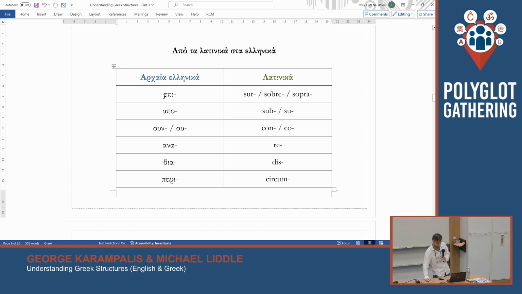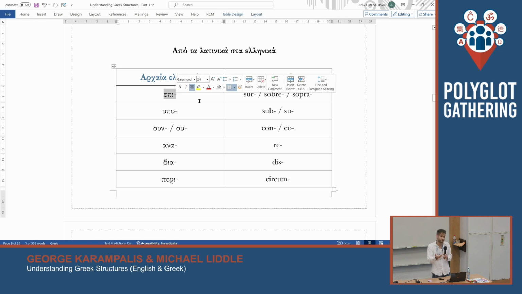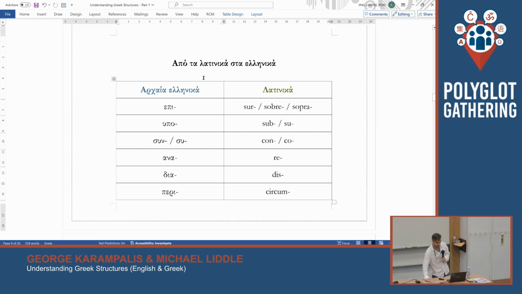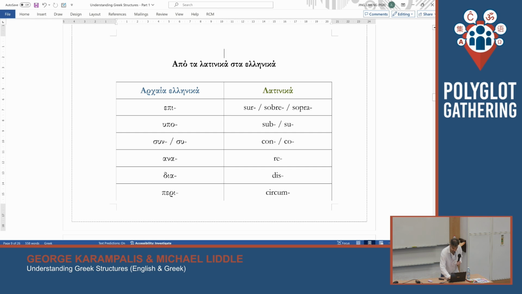And επί used to be... Υπότιτλος, subtitles. I keep hearing υπόδρομος is not spelled like that. The word for where the horses run is this. Ύπος είναι το άλογο στα αρχαία ελληνικά.